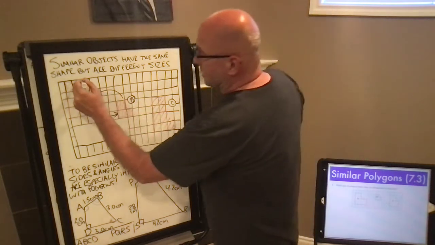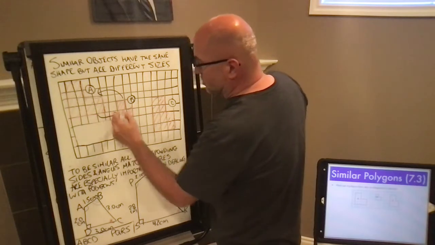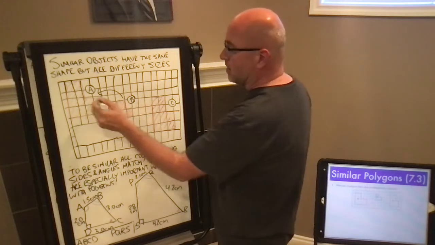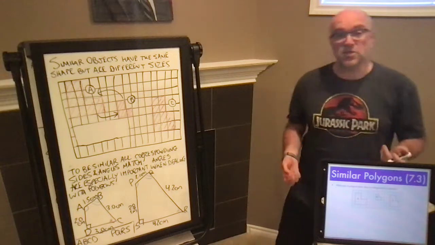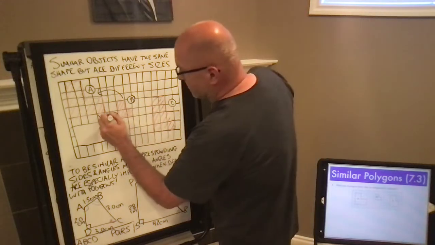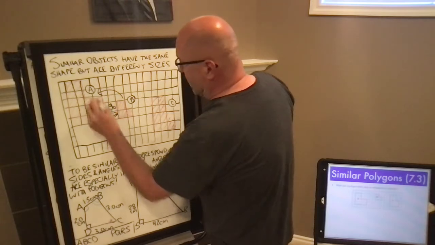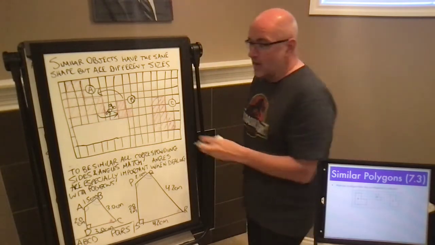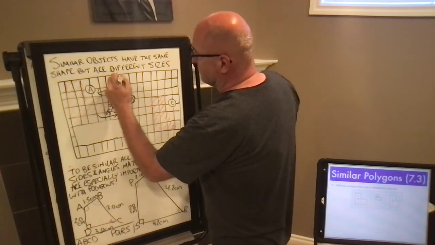This object is 2 across the top, then 1, 4, 2, 4, 2, 2, 1, 2, 1, 2, and 1. Going this way, the scale factor would be 50%, because I've got a half-size object of the original. The dimensions are cut in half. If I was going from this object to this object, my scale factor would be 200%.